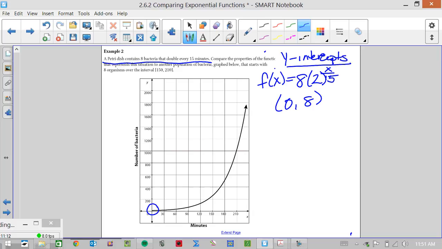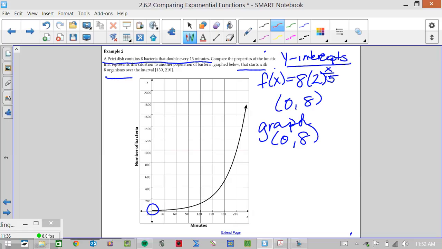But we have to look back up in the problem because it tells us that this scenario also starts with 8 organisms. So on the graph, we also have a y-intercept of 0, 8. So once again, both of these functions have the same y-intercept.